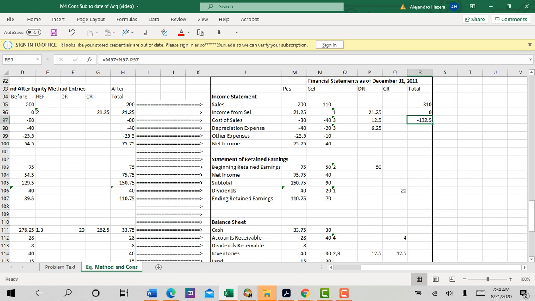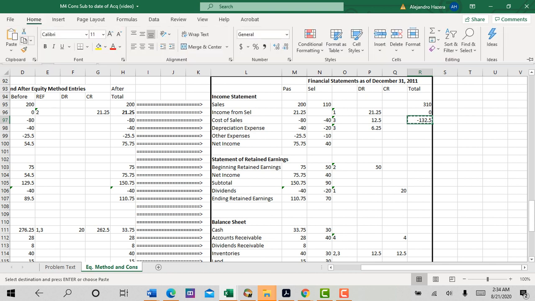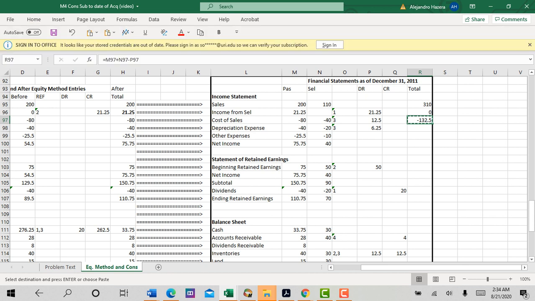We can just copy this same formula for that expense down to these other 2 expenses. That looks correct, and that looks correct. And then finally, our net income we're going to calculate is going to be equal to 310 plus all these numbers here, knowing that some are negative.